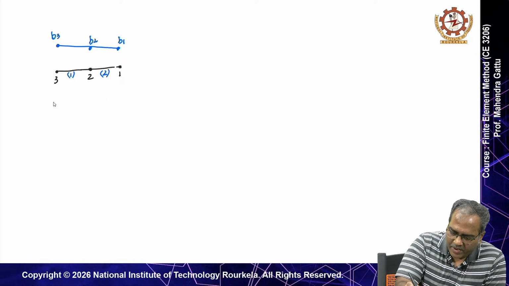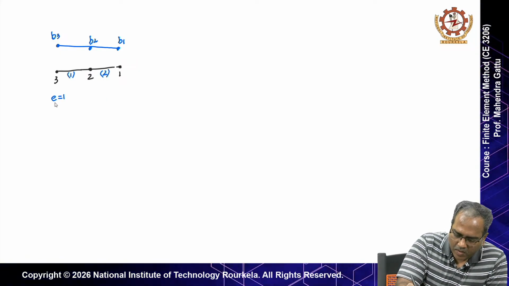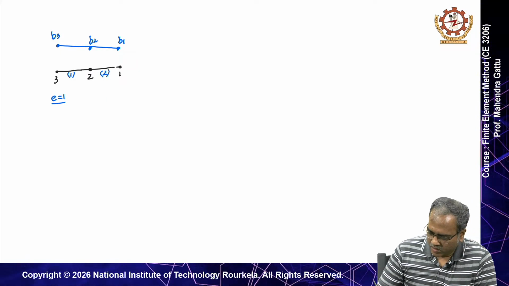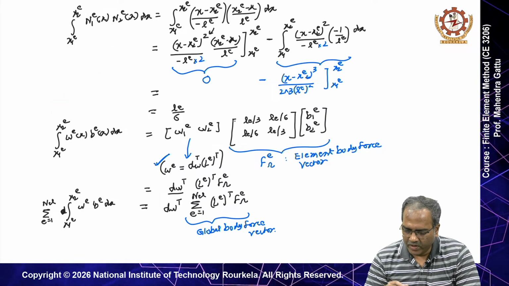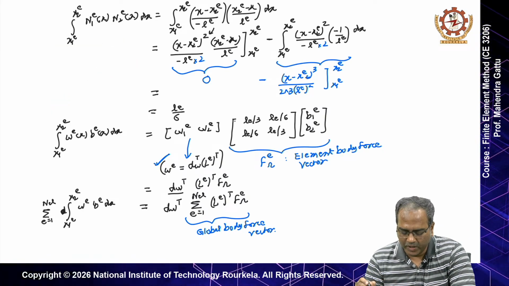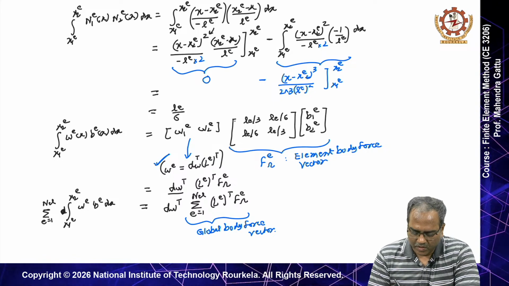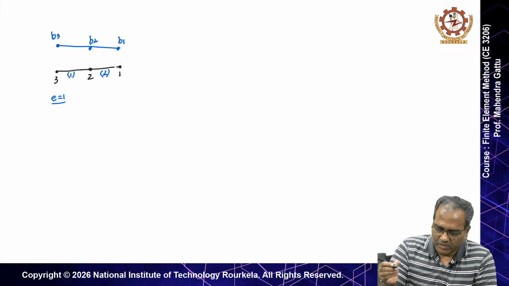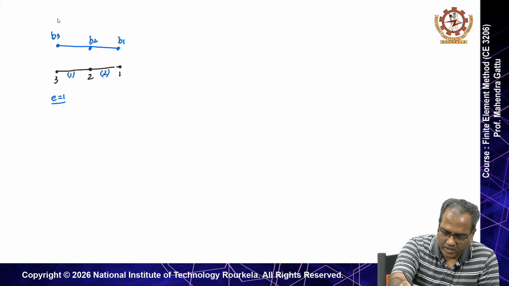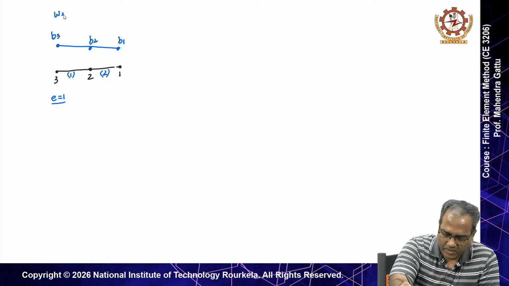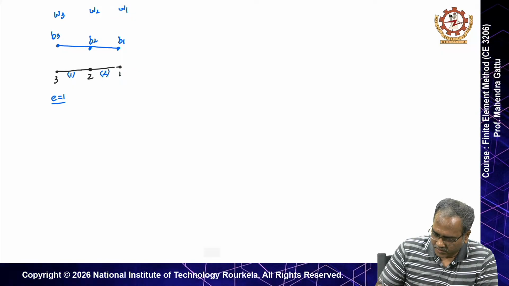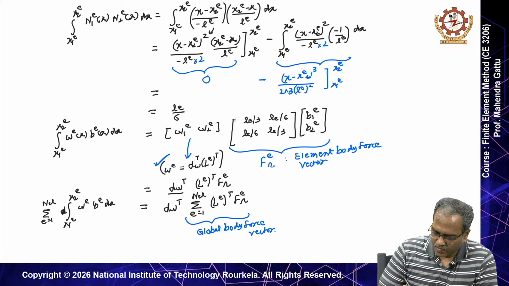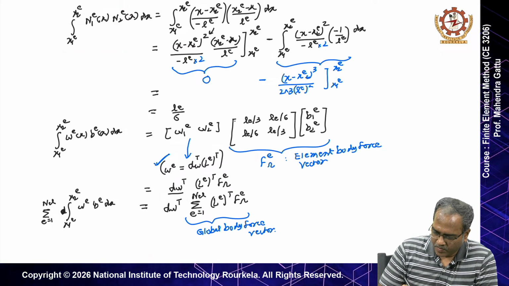So, for element 1 we have W1e and W2e. So, that is actually W3 and W2 and W1. Okay. So, that will be there.